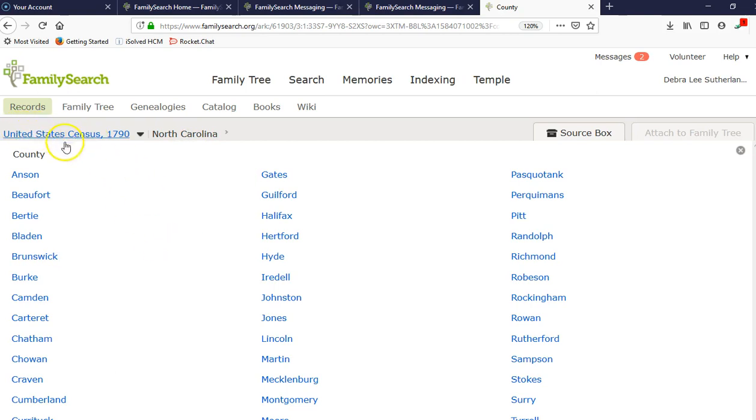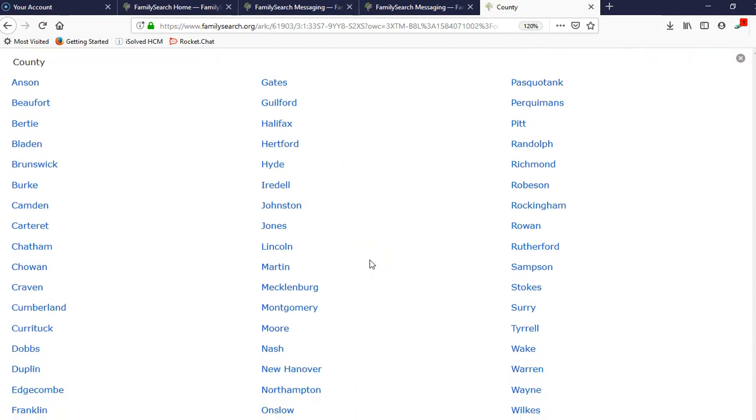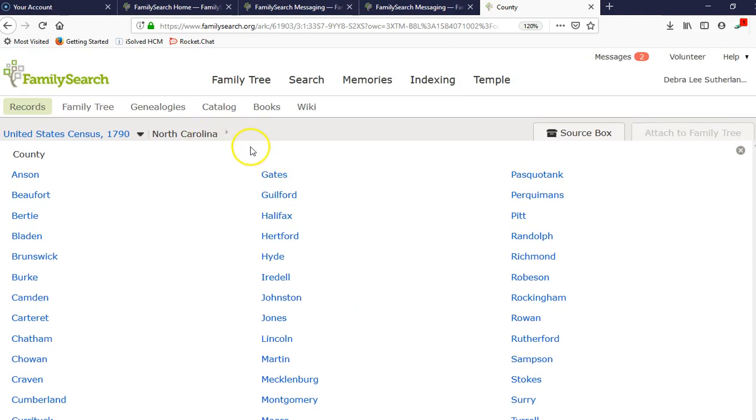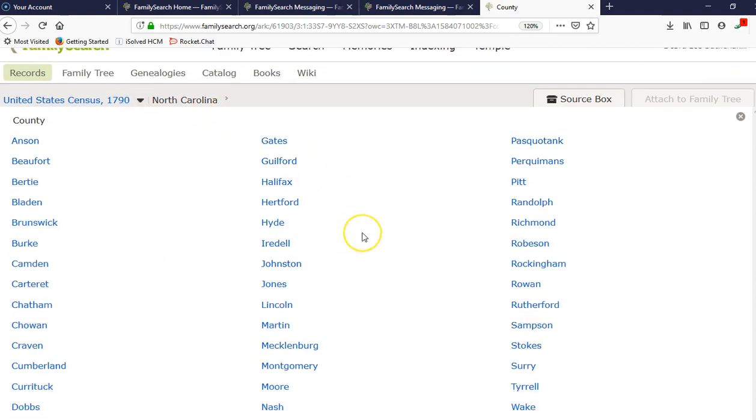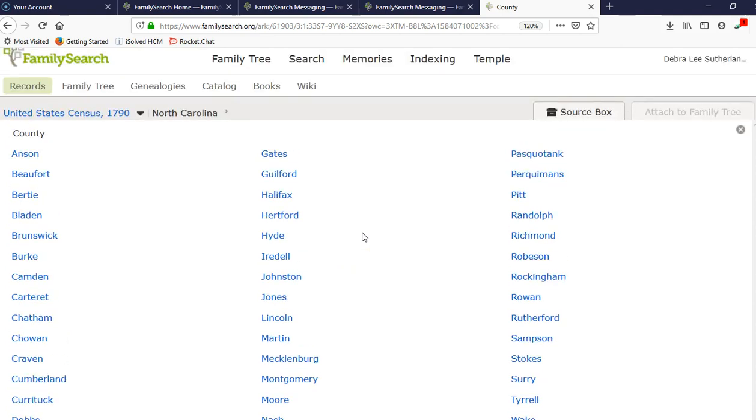So this is a good thing. Once you open one of the censuses of North Carolina, you can just click on North Carolina after you're done with the one you're looking at, and it'll give you all the different counties so that you don't have to go back and look. You can just search through. This makes it a lot faster when you can go through and look for the people in different states and different counties.